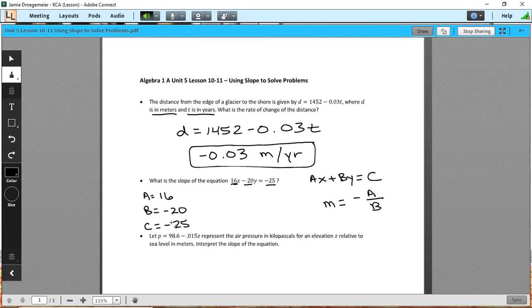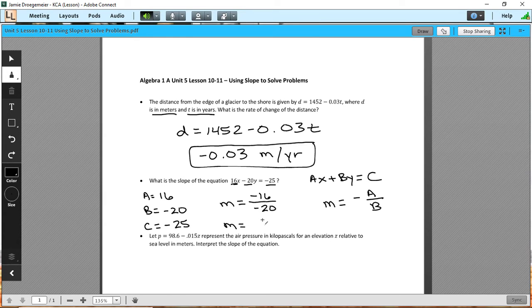Once we identify those, we can use the information from the lesson about finding the slope. M represents the slope. We're going to take the opposite of A, which is negative 16, and divide it by B, which is negative 20. Then we want to simplify. Negative divided by negative, the same signs when dividing, gives us a positive amount.